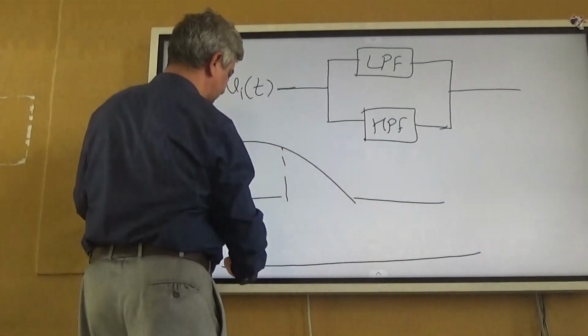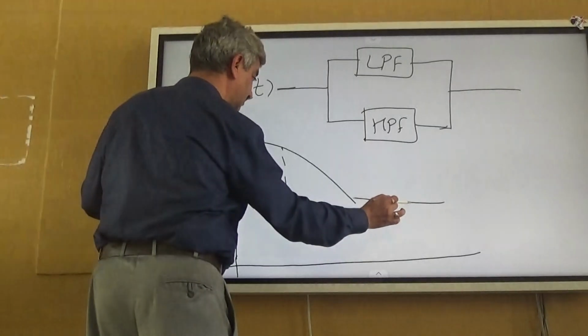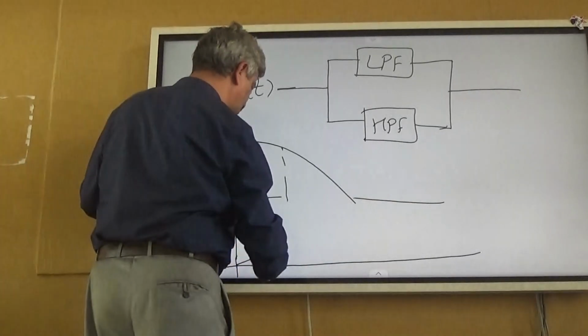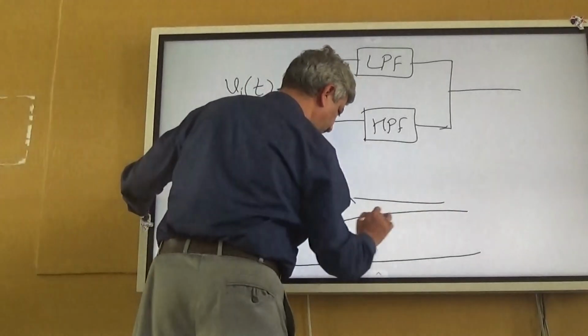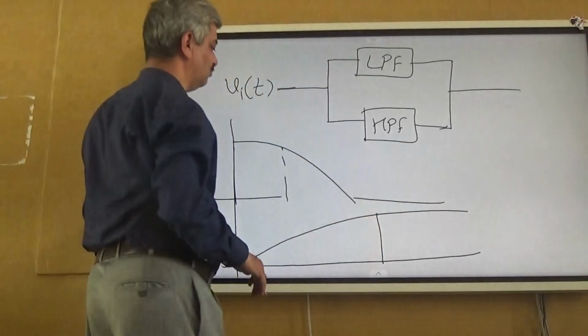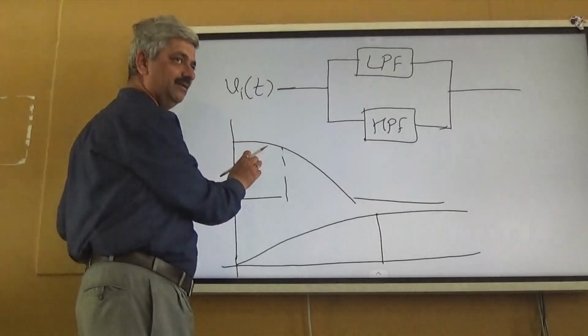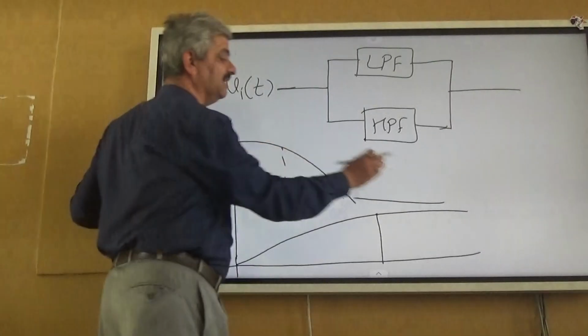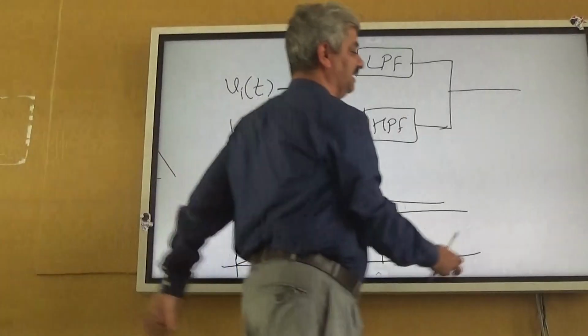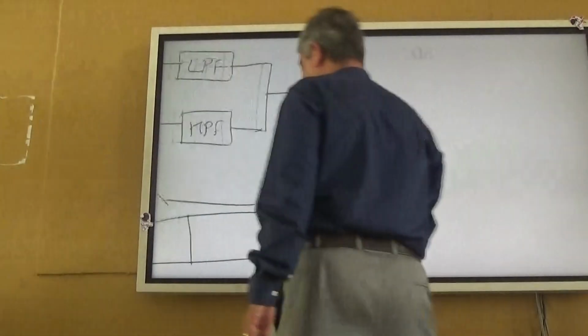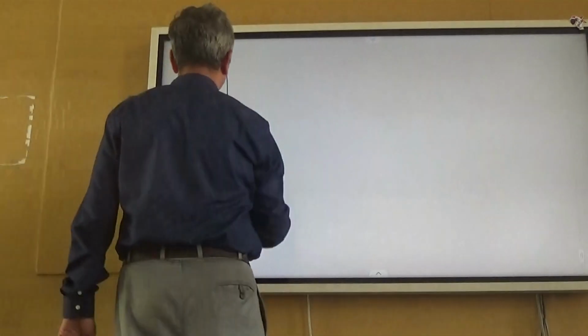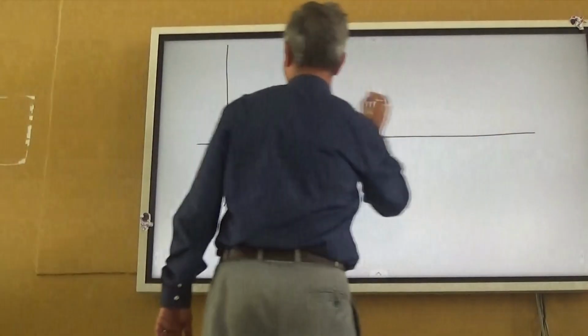And this high pass filter is having a very high lower cutoff. So if I add these two, then in this frequency range this would be available, in higher frequency this would be available, so their net effect would be like this.